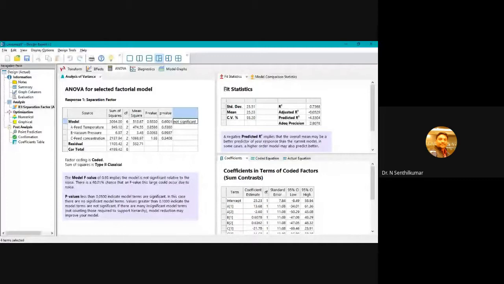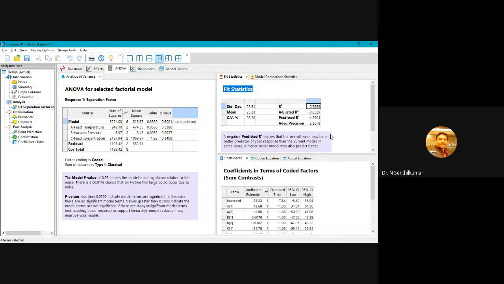The R square is really good for engineering problems, so this is also good, but we are going to do the experiment with the 95% confidence interval, that is, only 5% is accepted. But in this case, 24% is given. So by statistics, it is not good enough.